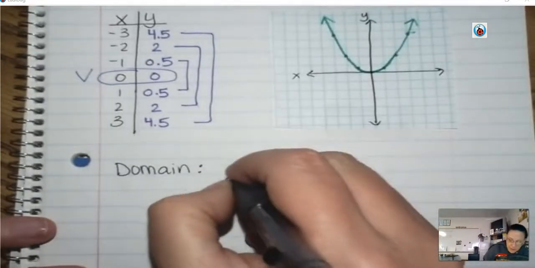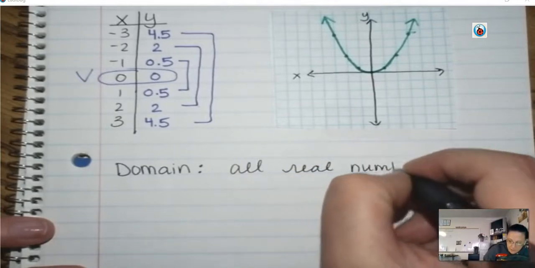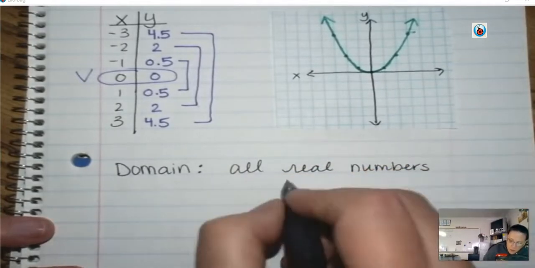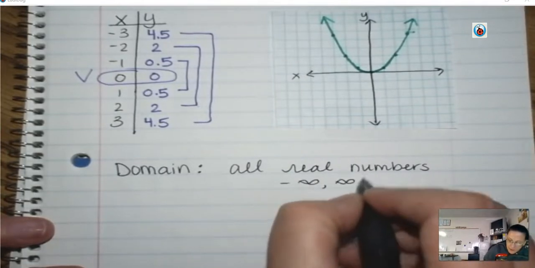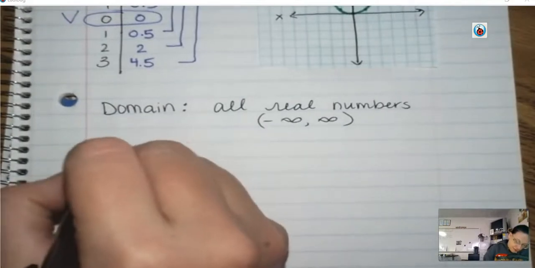Domain is always going to be all real numbers for these, or negative infinity to positive infinity. If it's a paper test, I don't care which way you write it. I'm trying to show it all because I don't know how HMH is going to ask you to do it yet. And then range.